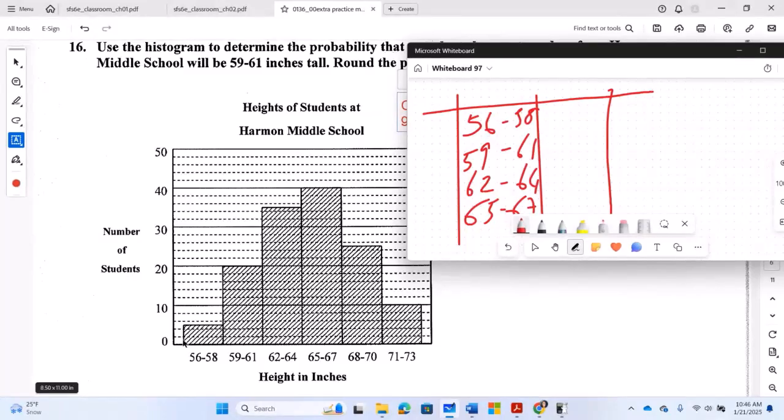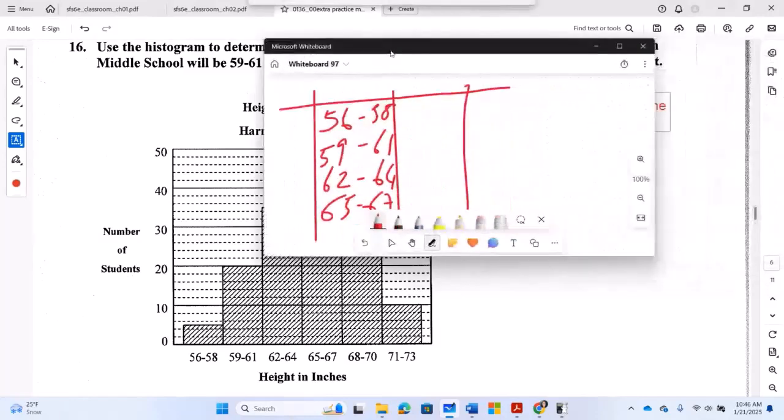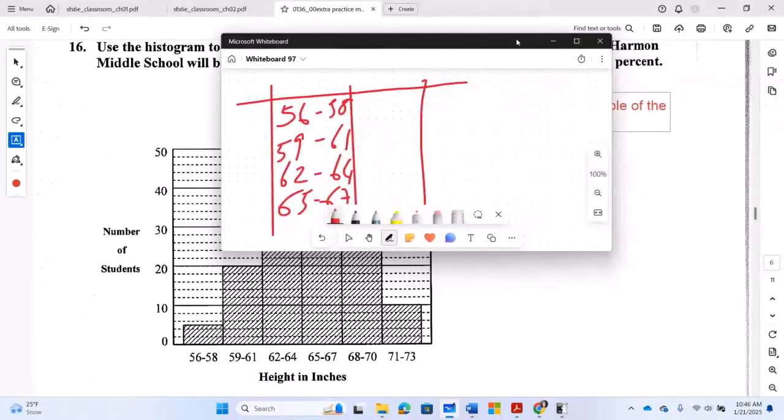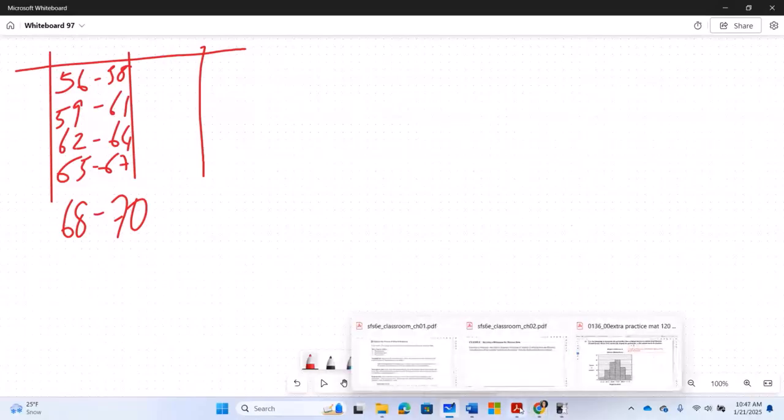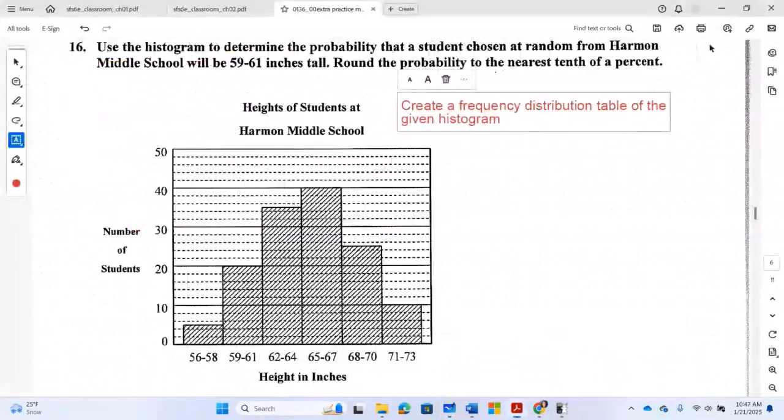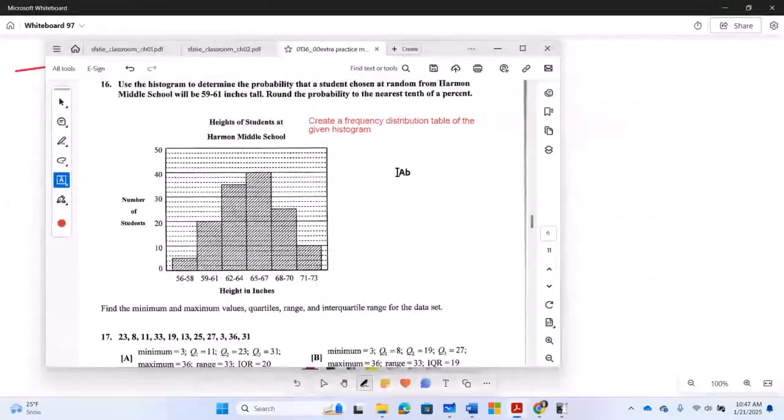The next class is 68 to 70. And the next class is, and I'm going to minimize this one, that way I can see.